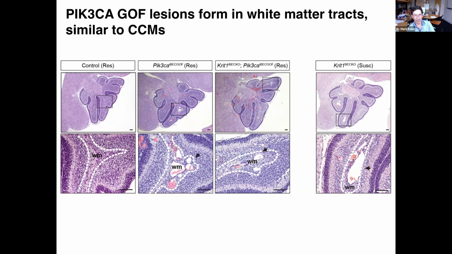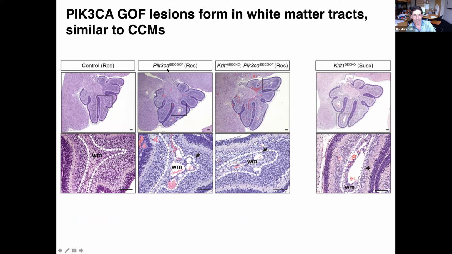And when we looked further at the types of lesions that you get with CCM loss of function and PIK3CA gain of function and PIK3CA gain of function and CCM loss of function, it was striking how similar these lesions were at the histologic level. What I mean by that is that the CCM lesions in the susceptible background will form in this post-capillary venule in the white matter.